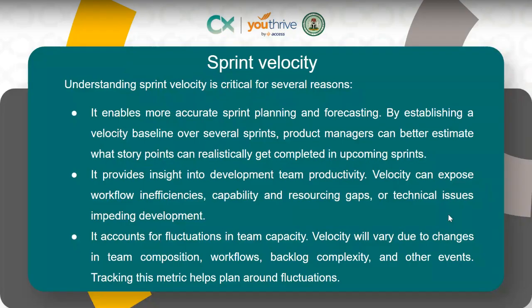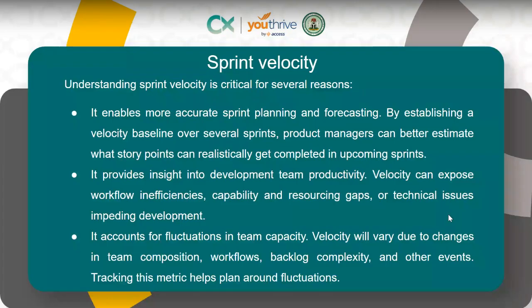Your velocity, like I mentioned, can change due to several things, like composition. Let's say, for example, you have three back-end engineers and one front end, or you have three front end and one back end. That composition might determine your velocity as well.